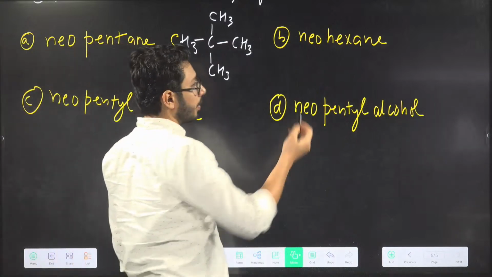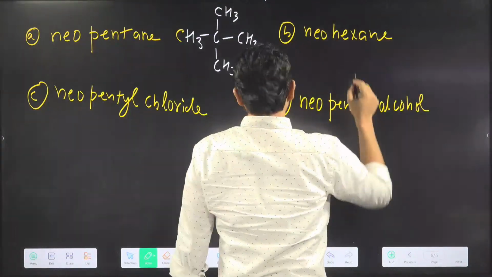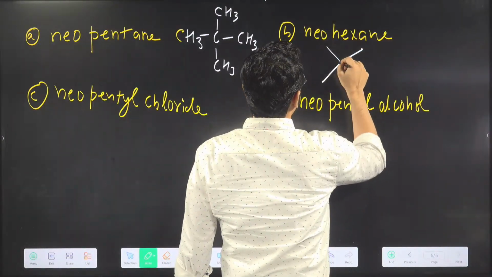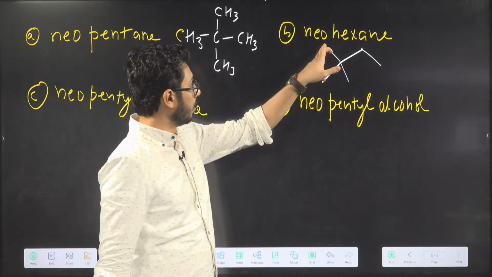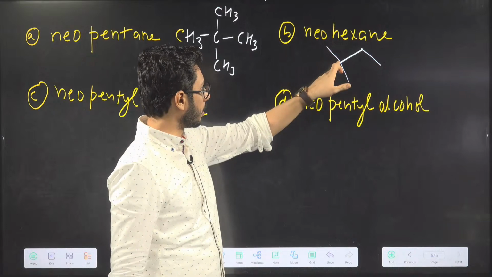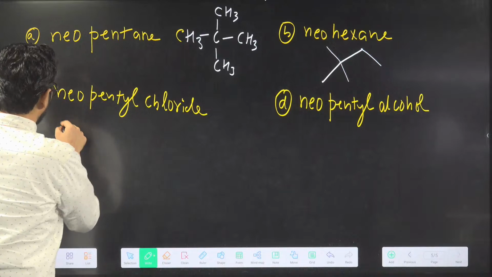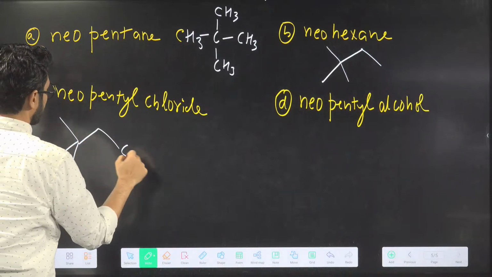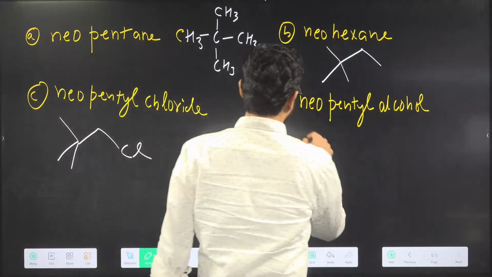Neohexane will be like this one. I'm writing bond line. This is neo: CH3, CH3, CH3, carbon, CH2, CH3. Neopentyl, bond line. Done. Next one, neopentyl alcohol, bond line.